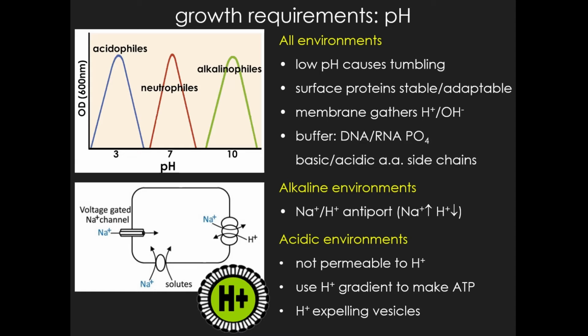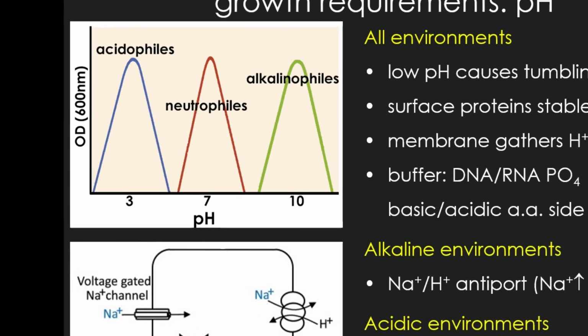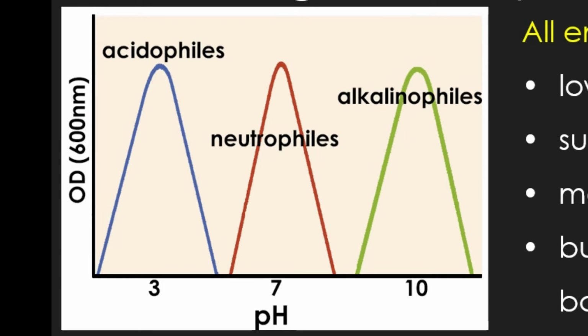Next, we have pH. So organisms all have a fairly narrow pH zone in which they do well. And on either side of that very narrow zone, they very quickly don't grow at all. So if we take the middle of the pH scale, the pH 7, we have a neutral pH, and organisms who thrive at a neutral pH are called neutrophiles.